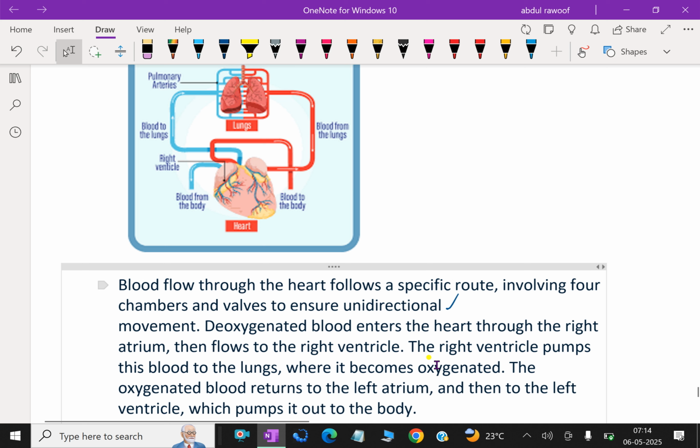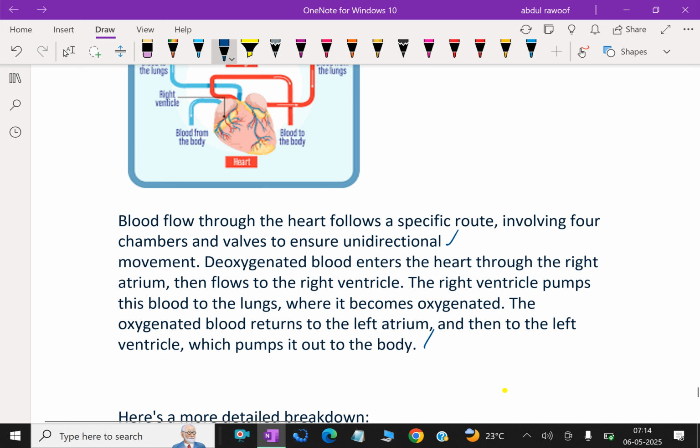The right ventricle pumps this blood to the lungs, where it becomes oxygenated. The oxygenated blood returns to the left atrium and then to the left ventricle, which pumps it out to the body.